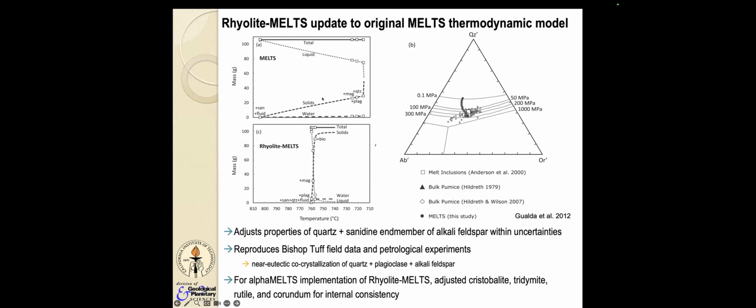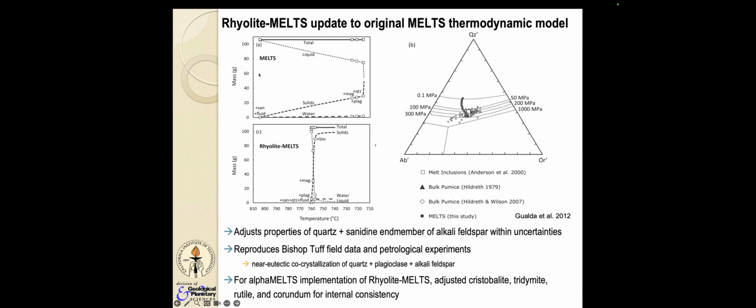Then in 2012, Guil Gualda and Mark Ghiorso got around to addressing the fact that there were very few quartz-saturated experiments in the MELTS calibration database, and the behavior of the model at high silica is very sensitive because the activity-composition relationship is very flat in that region.